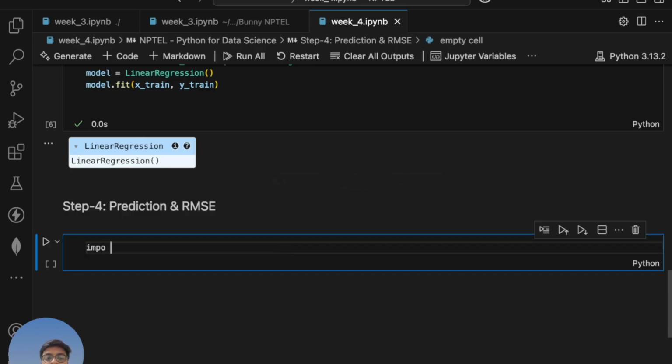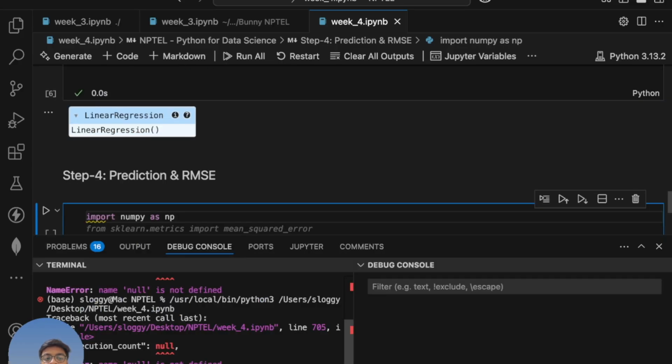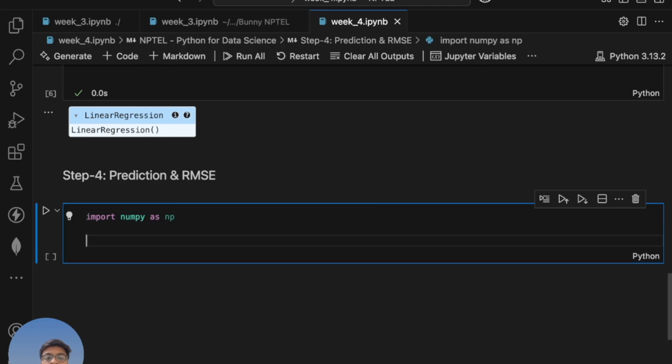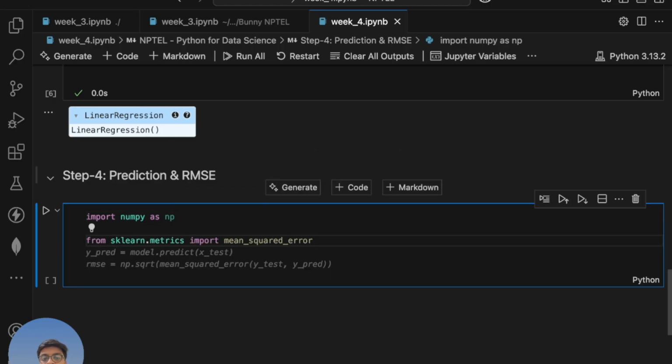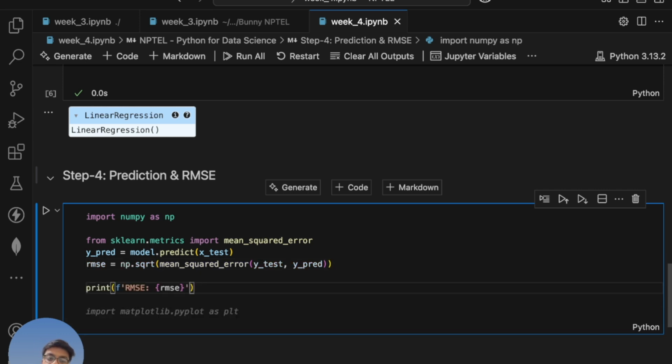Import numpy as np, sorry, my bad. From sklearn.metrics import mean_squared_error. Predicting root mean square is np.sqrt of mean_squared_error of y_test and y_prediction. Cool, going good. We are just printing the root mean square error.